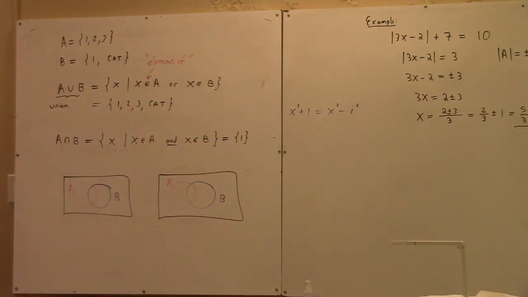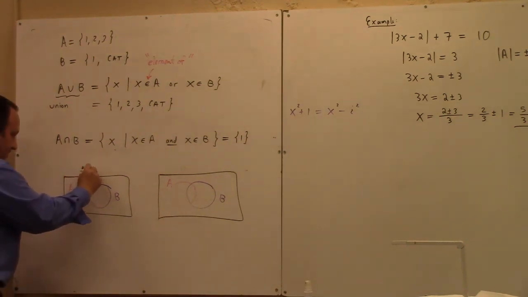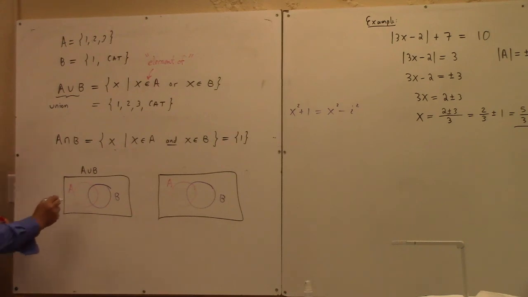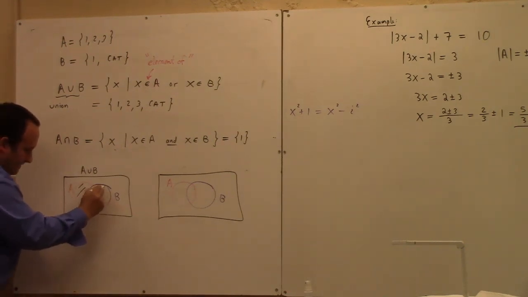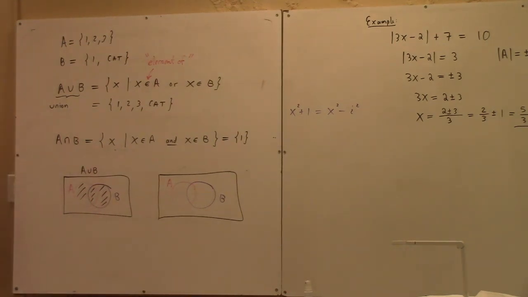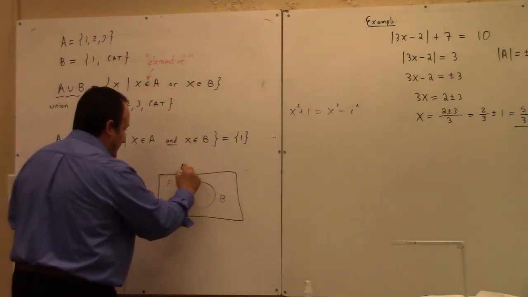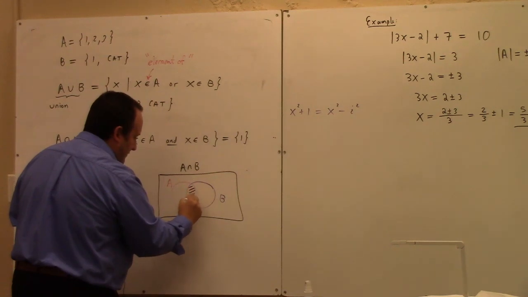So A union B, what's that look like? So it's just like everything, right? You just put both together. That's the union. The intersection, if you want to visualize it, it's just this piece right in here.